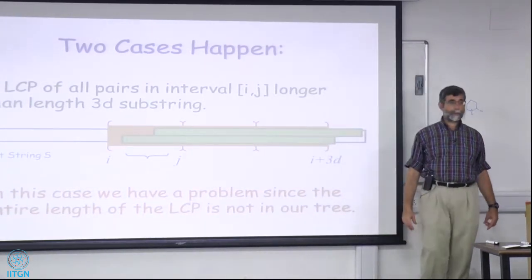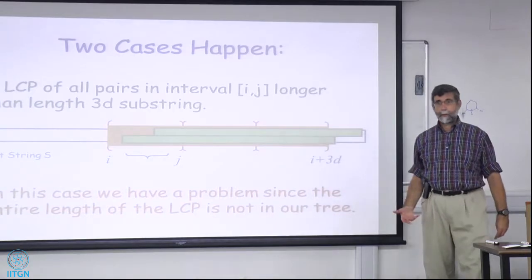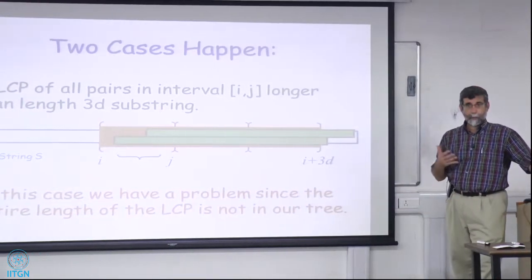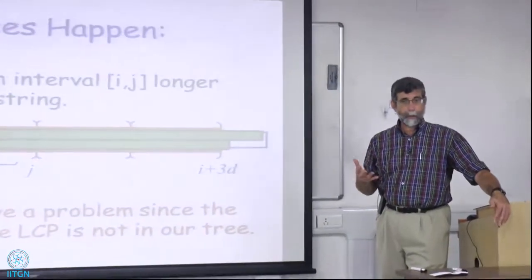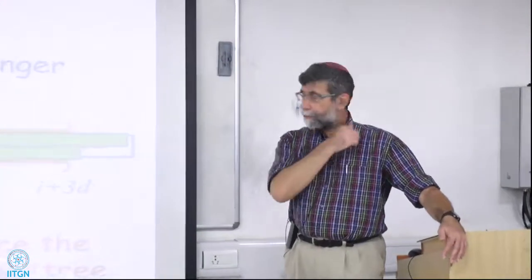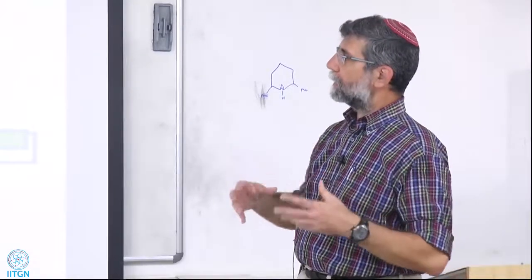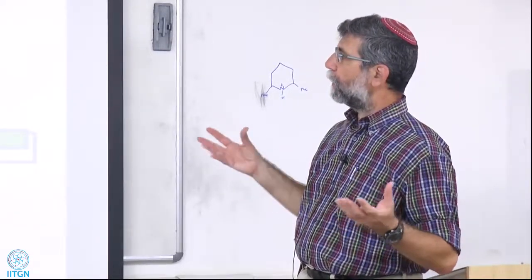So we're not going to know where it ends because we didn't build the suffix tree, so we don't know where that LCP ends. I'm looking for the max LCP of all pairs. So the max LCP of all pairs is longer than the length 3d substring.